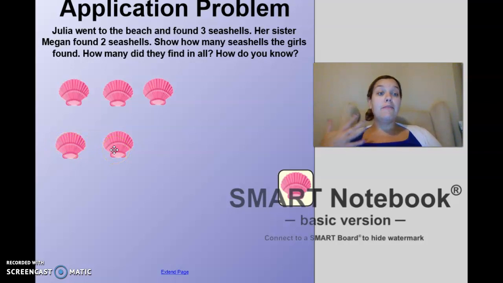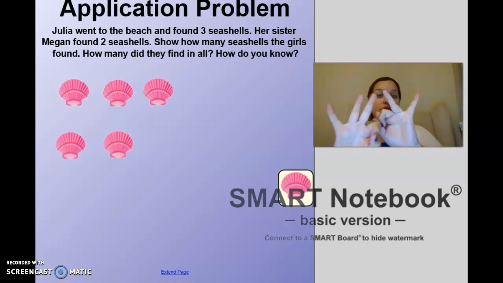They found 5 seashells in all. I know this because 3 and 2 added together are 5. So 3 and 2 make 5.